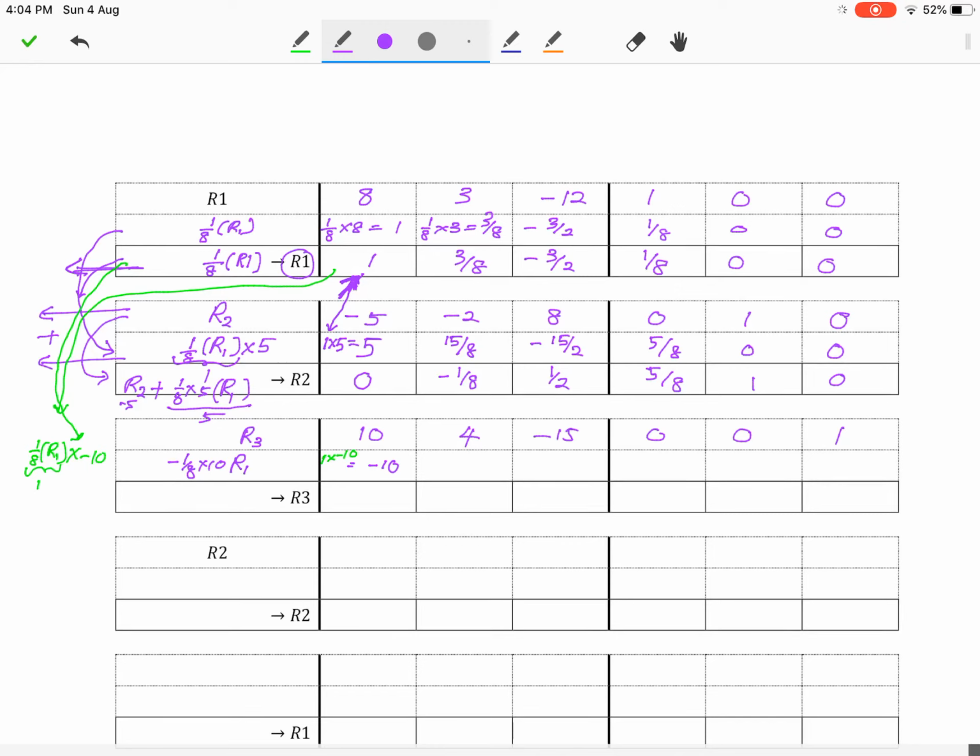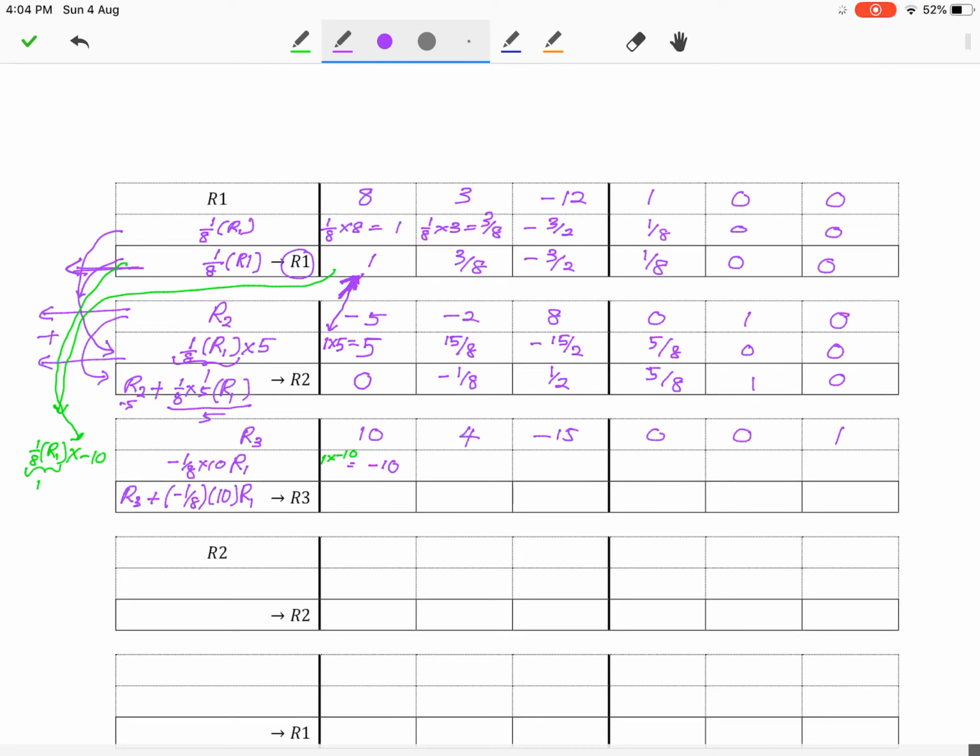Okay, so I can rewrite the operation for the new R3, which is R3 plus negative 1 over 8 times 10 times R1. So let's do this first.